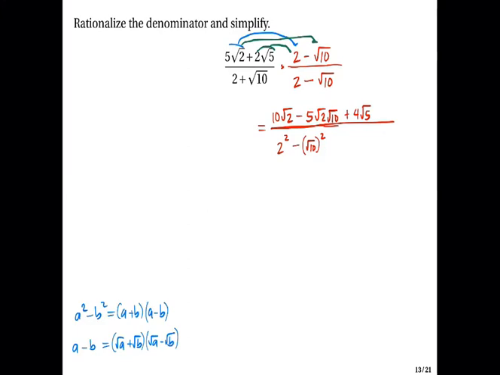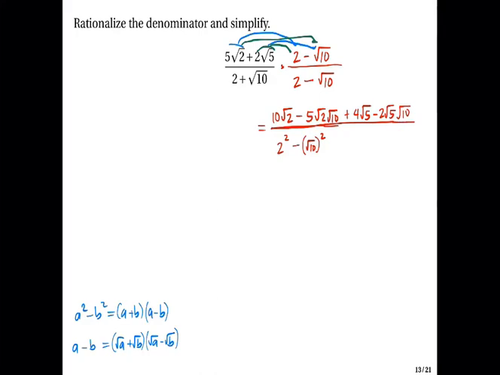And then finally, 2 square root of 5 multiplied to negative square root of 10. Okay? So it's just the distributive property we are applying. So this becomes minus 2 square root of 5 square root of 10. Okay?